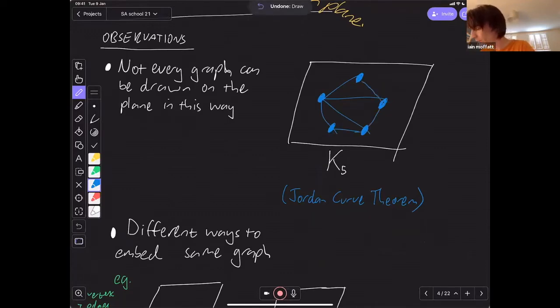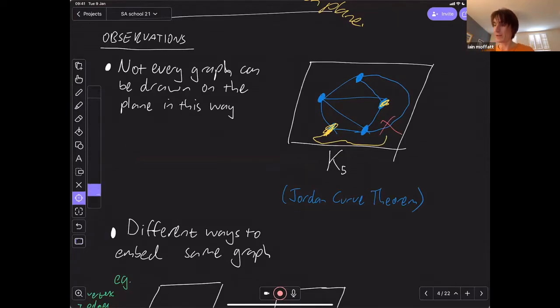How many can I draw? I could maybe do that one round there. And then, if I try and draw the edge from this vertex to this vertex, I see there's no way I can get to it without crossing some other edge. So K5 is one of the really important examples of graphs that you just can't draw in the plane.